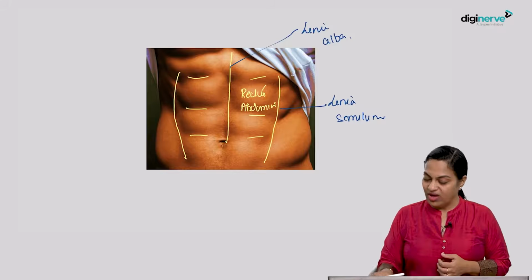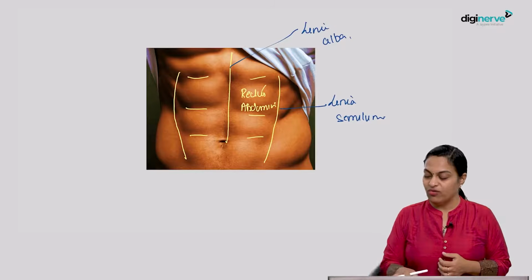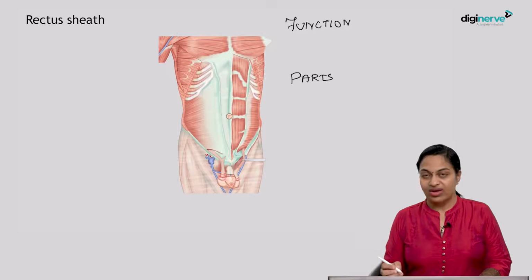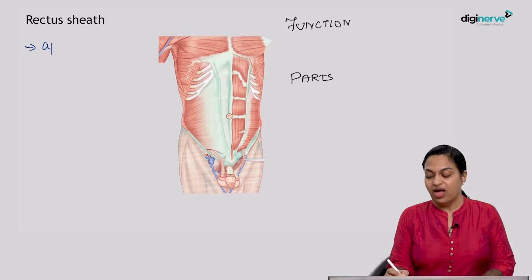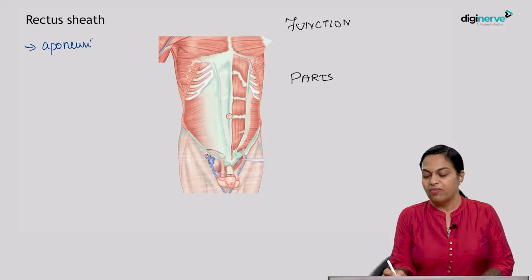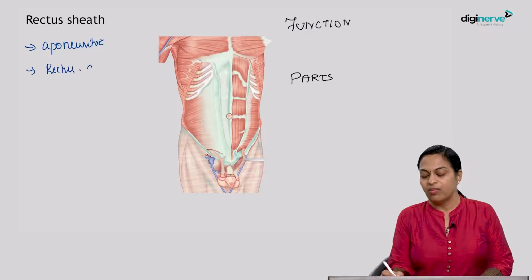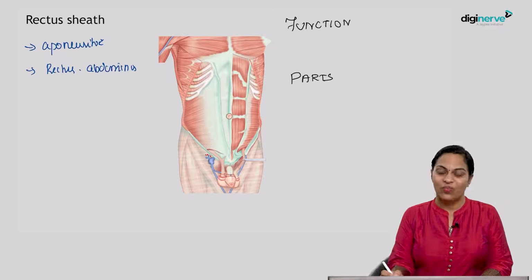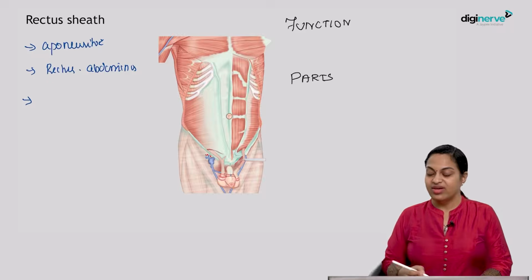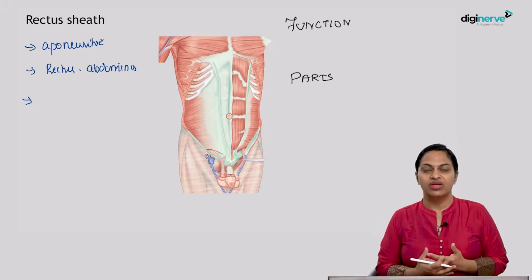Okay. So now let us look into the formation of rectus sheath. So the rectus sheath, yes, it is an aponeurotic envelope that encloses the rectus abdominis muscle mainly, but there are certain other contents also. Okay. And what is the purpose of it?